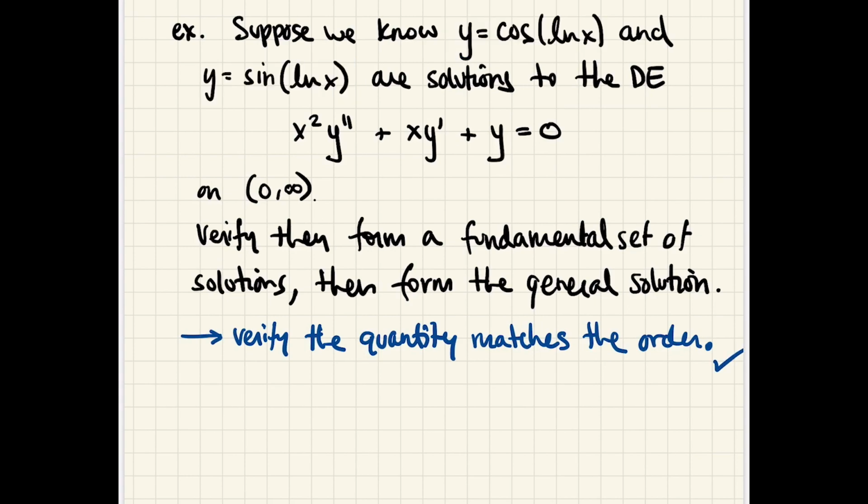If we were given too many, either that means one of them is not actually a solution, in which case we'd throw it away, or one of them can be written as a linear combination of the other two, which means we wouldn't have a linearly independent set. If we had too few, it means we just need to go searching for another one using techniques we don't know yet. So the next thing to do is to verify that the functions are linearly independent.